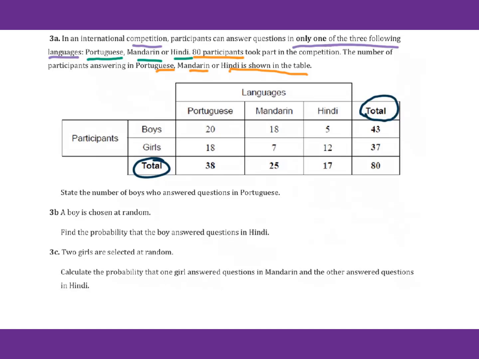State the number of boys who answer questions in Portuguese. From the table, you can see that's 20. For 3B, a boy is chosen at random. Find the probability that the boy answered the questions in Hindi. So check how many boys you have. That's 43.